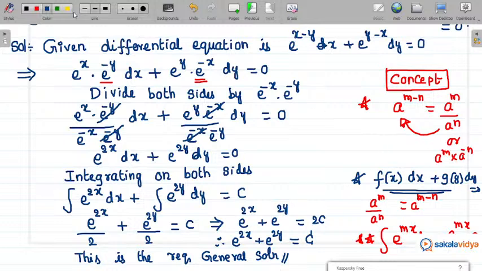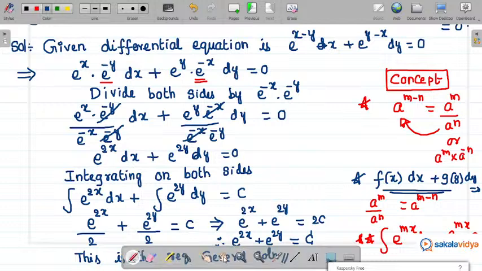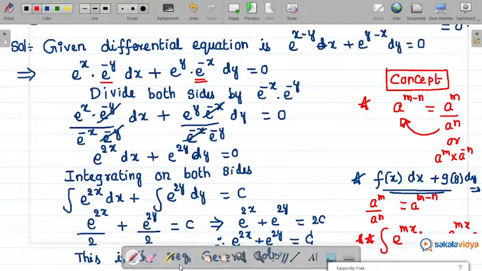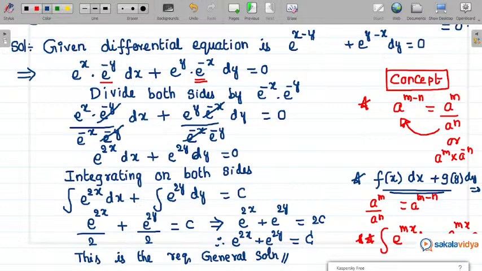Right, once again let me explain this question before we wind up today's session. What is the given differential equation? e to the power of x minus y dx, don't get confused. I will write it once again: e power x minus y dx, plus e power y minus x dy is equal to 0.